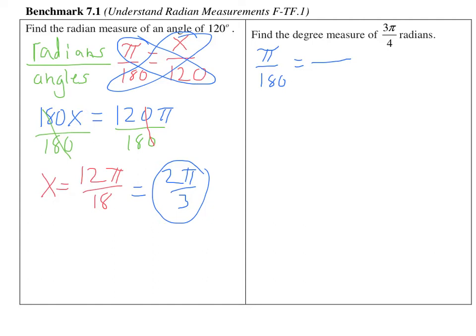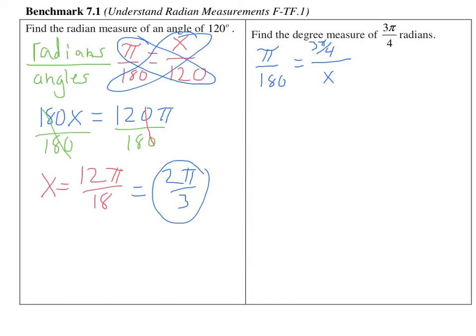So I'm going to stick 3 pi over 4 on top and put an x on the bottom. There you go. Can you cross multiply and solve? All I did is I used the same comparison and stuck my radian on top because that's where the radians are. Where in the last problem, didn't we put the 120 on the bottom because that's where degrees are? You put it where it belongs and you just simply solve.